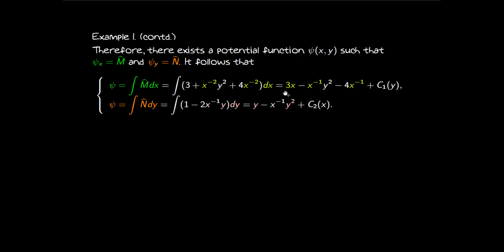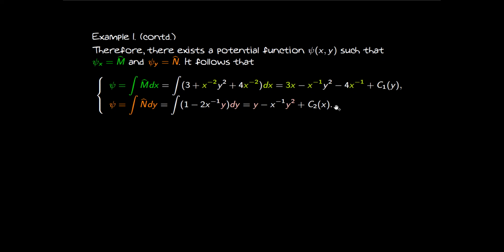So that's why we do not see the 3x and minus 4 times x to the negative first power in the second expression, because they are contained in here, okay? So now we understand basically these two, they are consistent, okay?